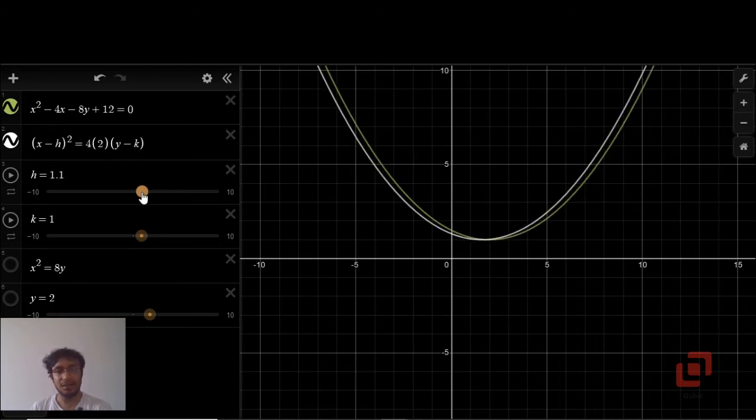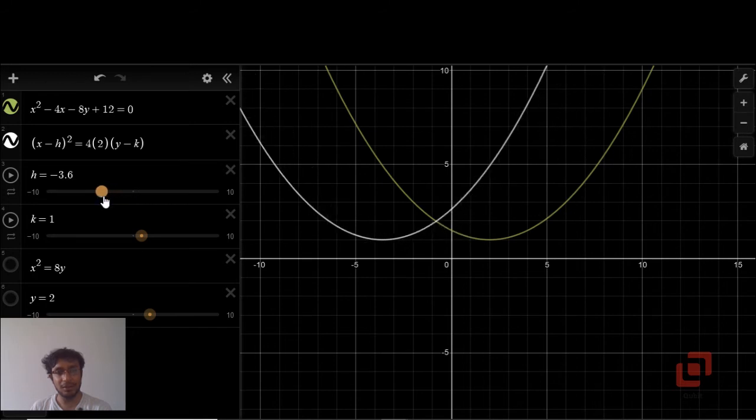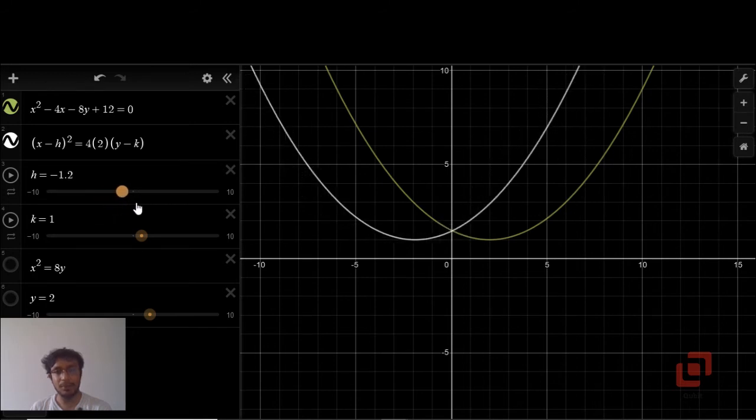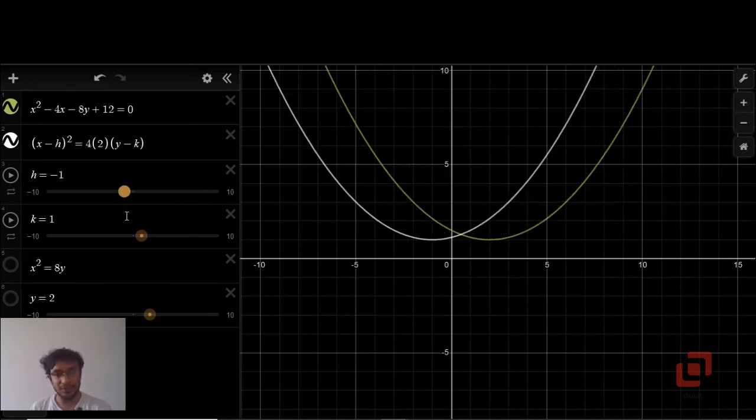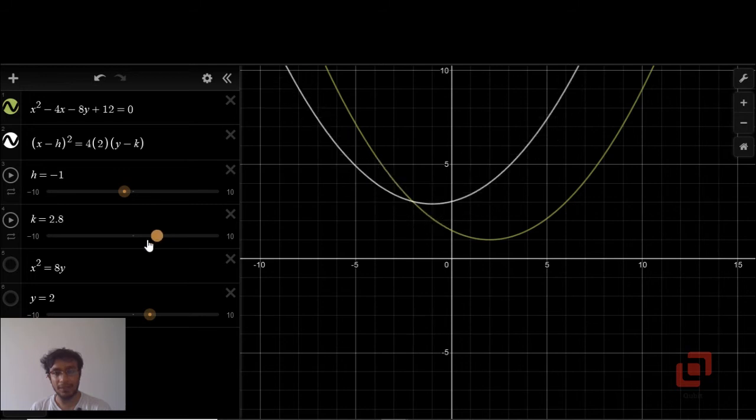Now you may see that if you change h, then the white parabola moves horizontally. And if you change k, then the parabola will move vertically.